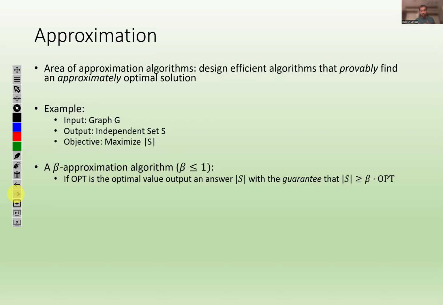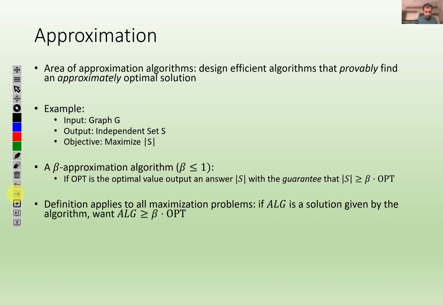Suppose your application is fine if you find an independent set that, provably, you can prove mathematically, is of size at least half of the optimal, or half of alpha of G. It doesn't just apply to independent set size.